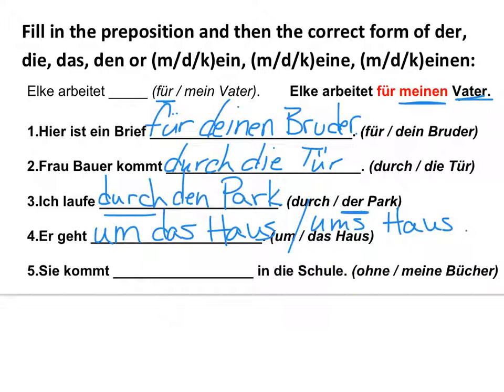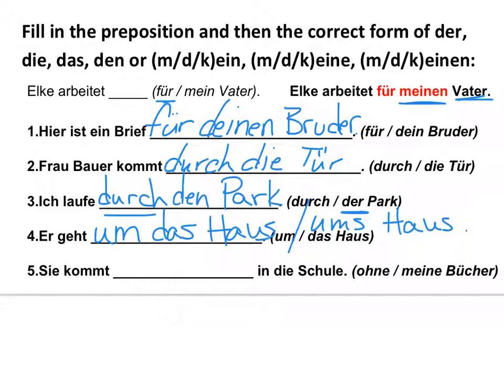Alright, and the last one on this one. So sie kommt blank in die Schule. What are we saying for this one? She is coming without my books to school.